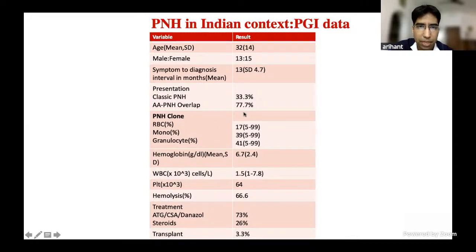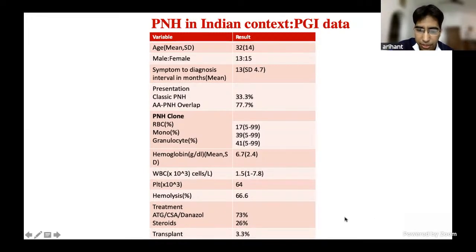The median clone size is depicted here, around 30 to 40% in the white blood cells, hemoglobin 6.7, and hemolysis evidence in 66% of patients. Again, look at the treatment they are receiving. 73% of them are receiving only ATG, cyclosporin, danazol, and around 26% of patients are getting intermittent steroids whenever they have an exacerbation of their hemolysis.